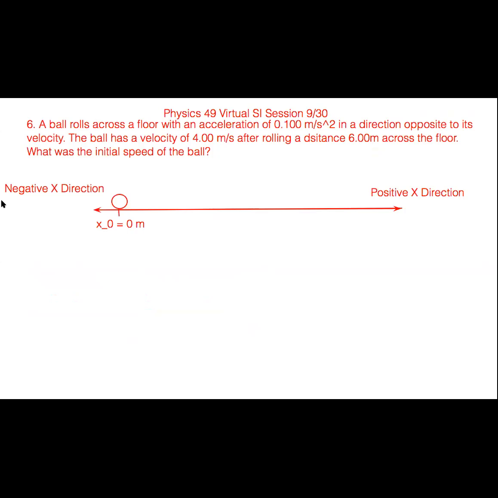Can I ask you something? It looks like you wrote x naught equals 0 meters, but is that the same point as the 0 point of the coordinate system, or is the 0 point for the coordinate system in a different position?